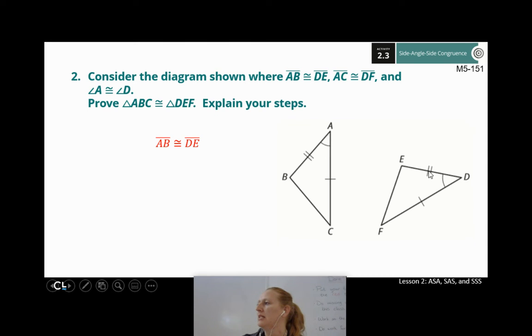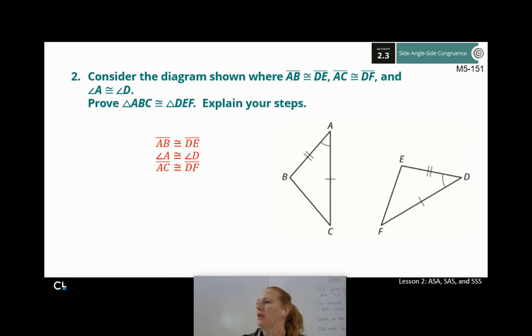AB is congruent to DE. Angle A is congruent to angle D. They have matching marks as well. And side AC is congruent to side DF, so I'll write that down also. Two sides, the included angle in between, that's a good sign. That means that these triangles are congruent by SAS.